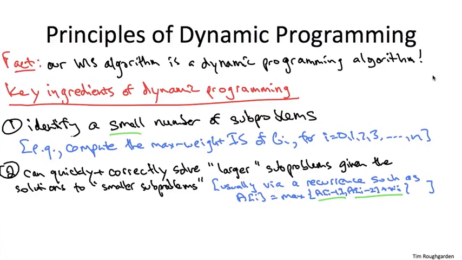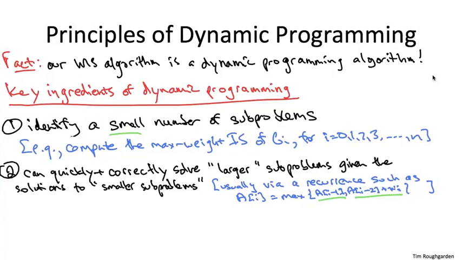The second property you want, and this one's really the kicker, is there should be a notion of smaller subproblems and larger subproblems. In the context of independent sets of path graphs, this was really easy to understand. The subproblems were prefixes of the original graph, and the more vertices you had, the bigger the subproblem. So in general, in dynamic programming, you systematically solve all of the subproblems, beginning with the smallest ones and moving on to larger and larger subproblems.